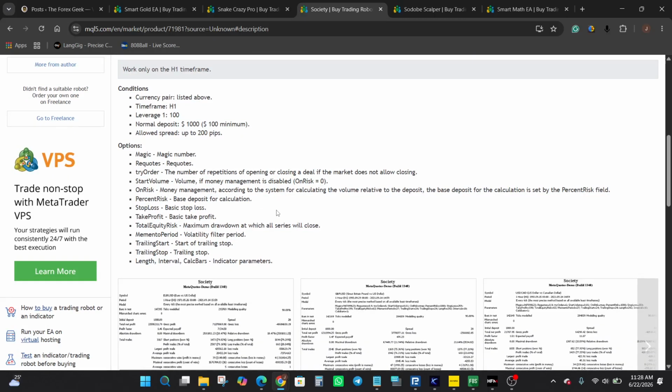There are also volatility filter settings along with indicator-related parameters such as length, intervals, and calc bars. These settings allow traders to adjust how the underlying indicator and filtering mechanisms operate, which can have a meaningful impact on trade frequency and overall behavior.